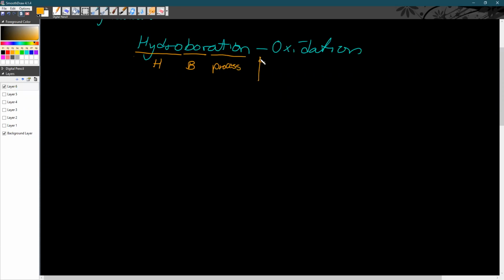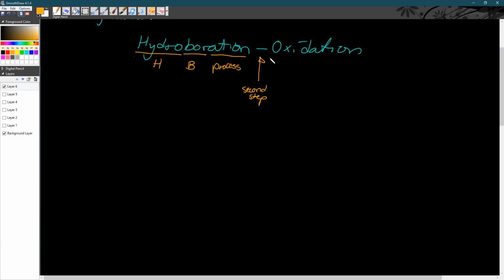And then a dash refers to a second step. Now, I don't mean that like all of our reactions that we've had so far, they've had intermediate second steps, but I mean that you could do hydroboration, leave it on the shelf for 30 years, and then come back and do the oxidation. Whereas everything else is that once you get the ball rolling, it has to proceed. All right. So these are two separate different processes, two separate different reactions that we're pairing together.